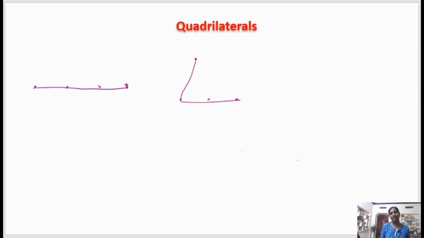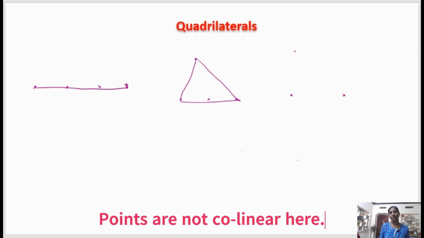we get a triangle. And suppose, okay, none of 3 points are collinear. Okay, no 3 points are collinear. It means one is here, other is here, other point is here, and another last point is here.